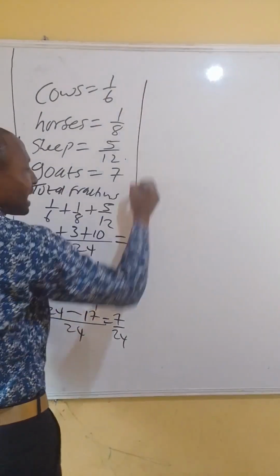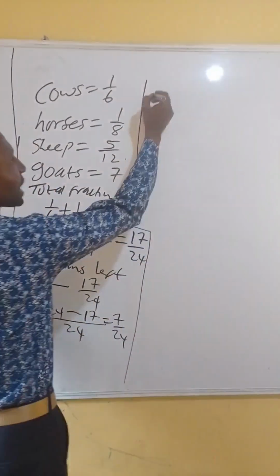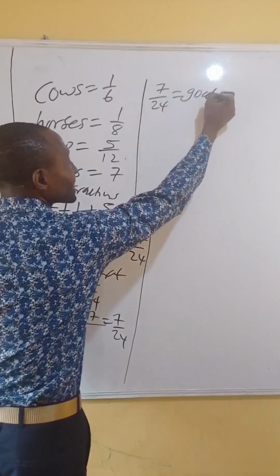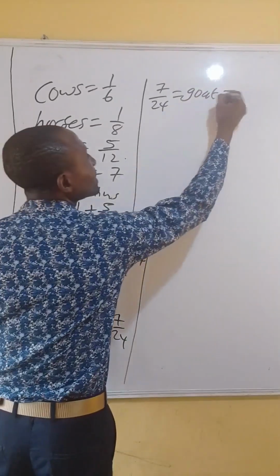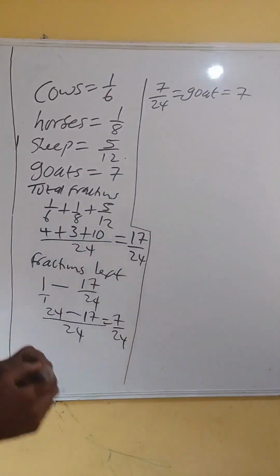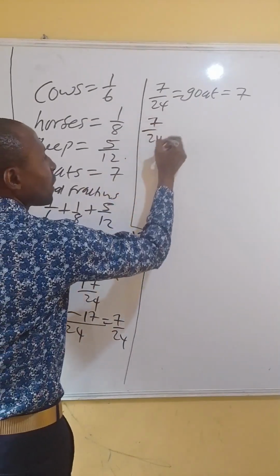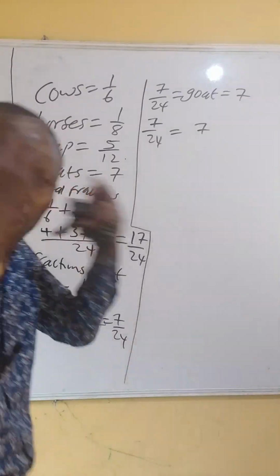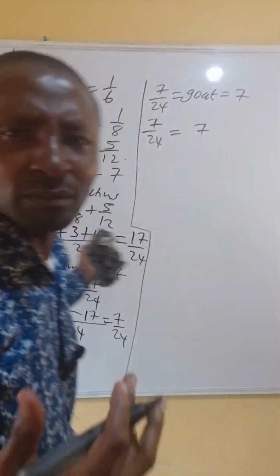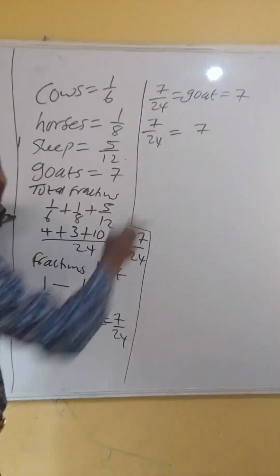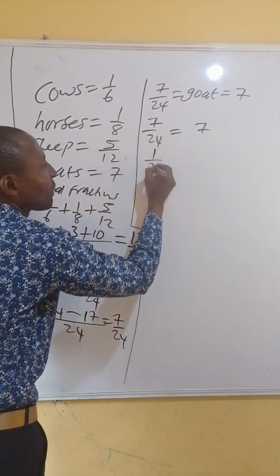So you come here and write: 7/24 should be for the goats, because that is the fraction left. And goats is how many? 7. That's 7 goats. So our 7/24 equals 7. From knowledge, you should know the total. If I have 7 out of 24 as 7, go and find 1/24.